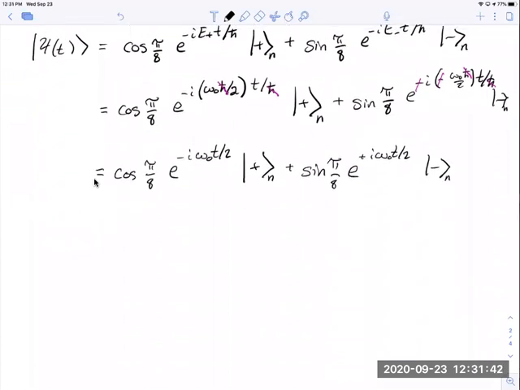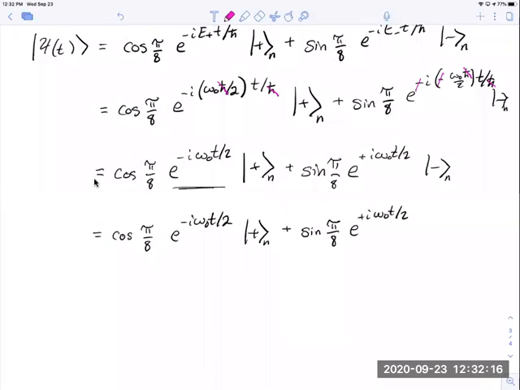All right, we're going to do the old trick where we factor things out front. So to do that, what I want to do is factor out this term e to the minus i omega naught t. So I have cosine pi over 8 e to the minus i omega naught t over 2 plus n plus the sine of pi over 8 e to the plus i omega naught t over 2.